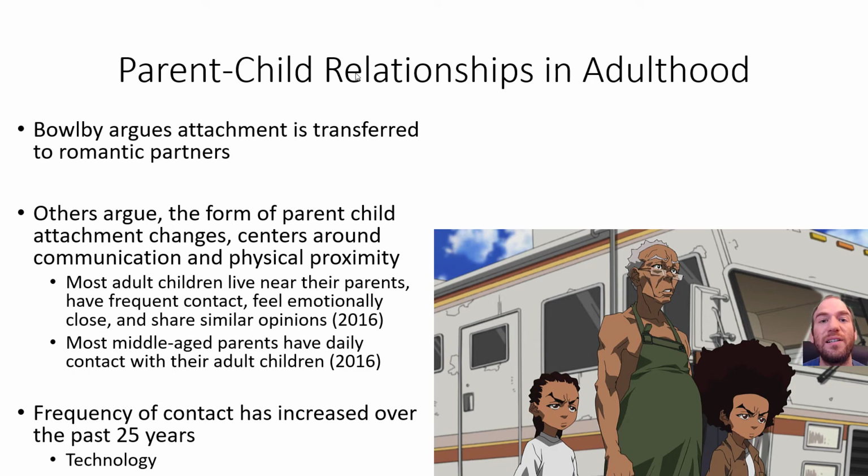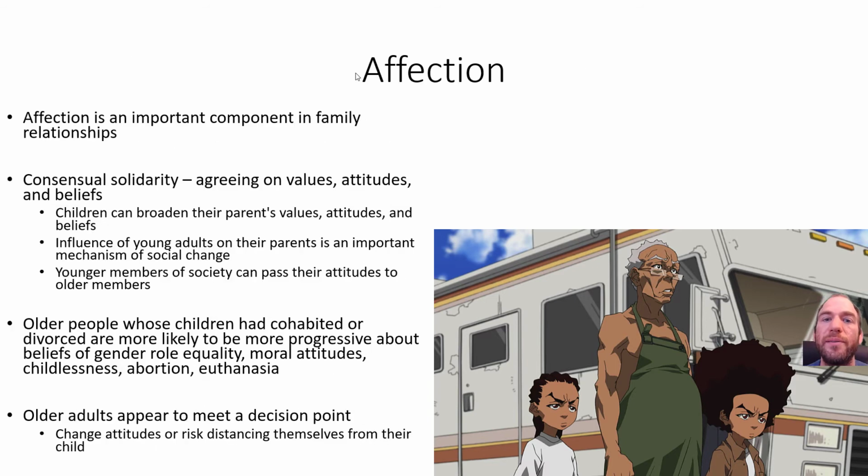It remains to be seen, obviously, but polling suggests that the degree of shared similar opinions has declined since 2016 among parents and children, contributing to less emotional cohesion and more family instability.